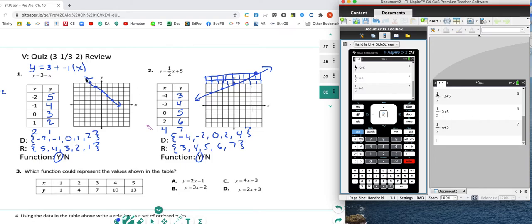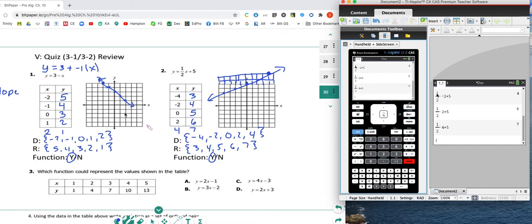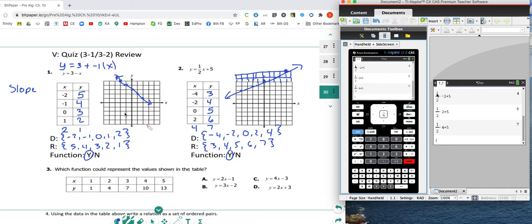For number 1, the line is pointing down, so the slope is going to be negative. And it does not go through the origin, so it's non-proportional. Let's look at number 2.